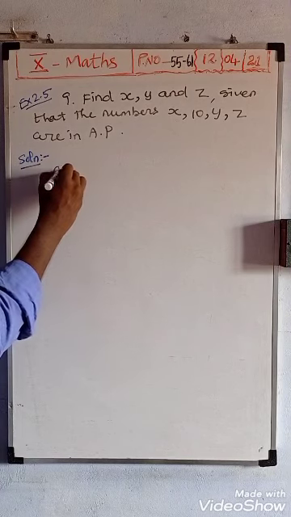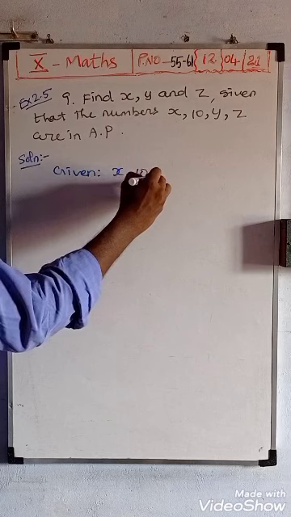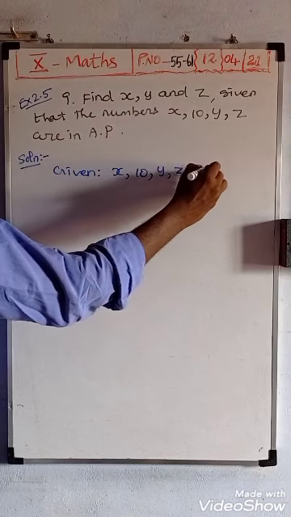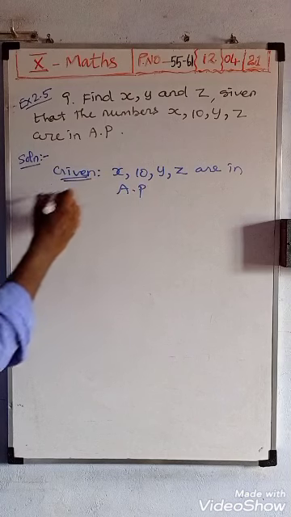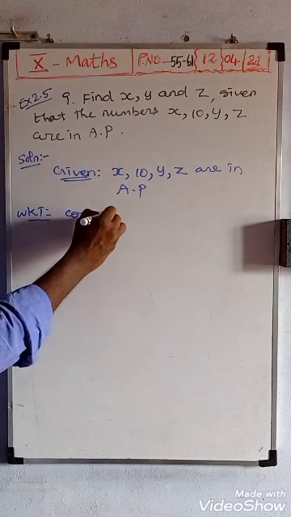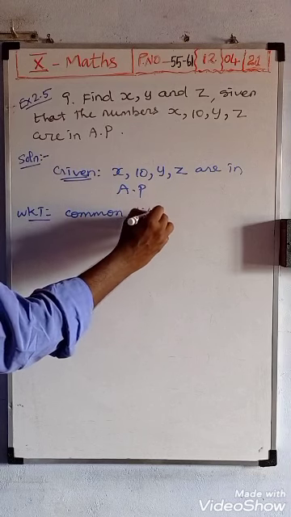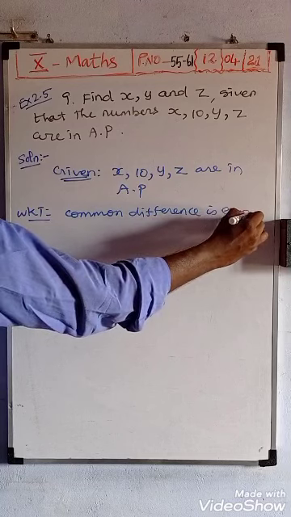So given x, 10, y, z are in AP. So we know that common difference is equal. It is an AP, common difference is equal.